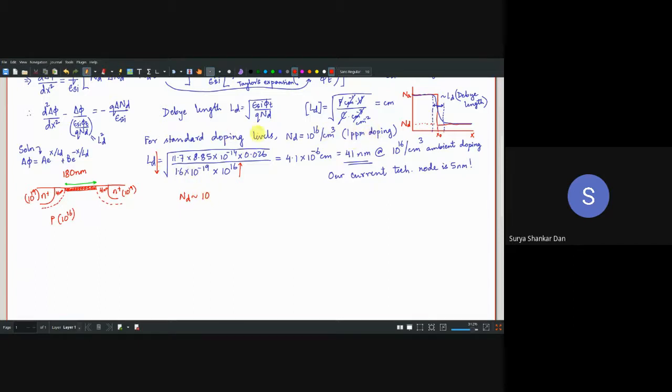These standard doping levels are valid for micrometer technology. That is the reason why in textbooks on microelectronic circuits, wherever you hear the term microelectronics, they will never be bothered about this very important concept of Debye length, because they are dealing with micro. So instead of this 180 nanometers, suppose it is 1 micron technology.